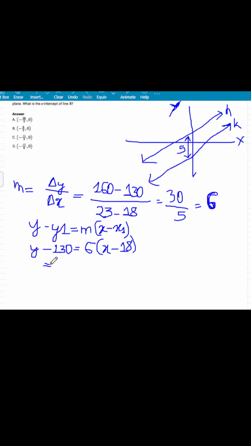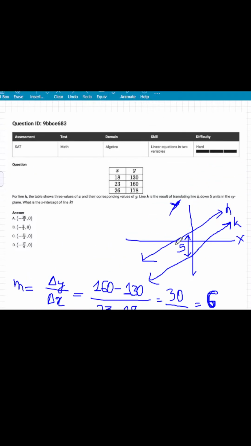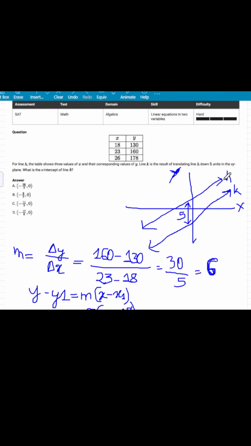So that will give us y minus 130 is equal to 6x minus 108. If we bring y to this side, we'll have 6x minus y minus 108 plus 130, which will be 22, is equal to 0. So this is the equation of this line H.